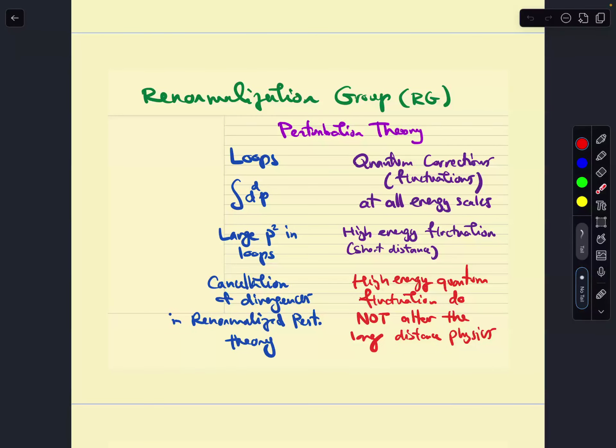That means that there are quantum fluctuations or quantum corrections at all energy scales to whatever process we are computing. There were divergences in these loop integrals that had to do with large p squared running in the loops, right? The momenta running in the loops are becoming arbitrarily large. This means that the high energy fluctuations or short distance fluctuations are the origin of these divergences.